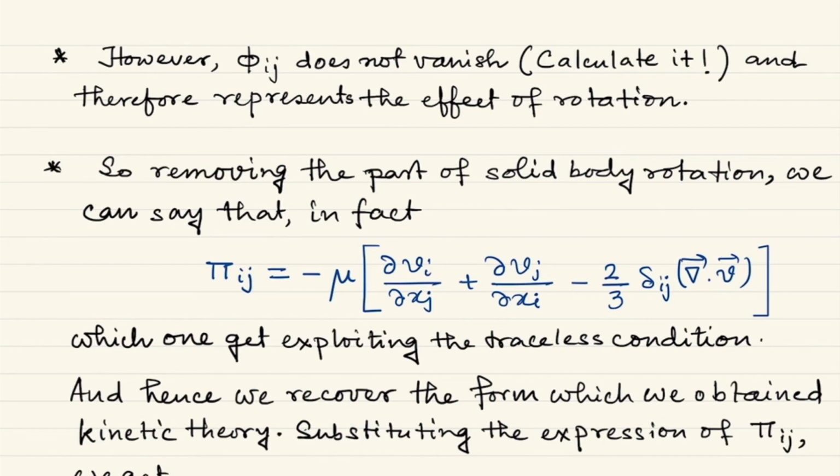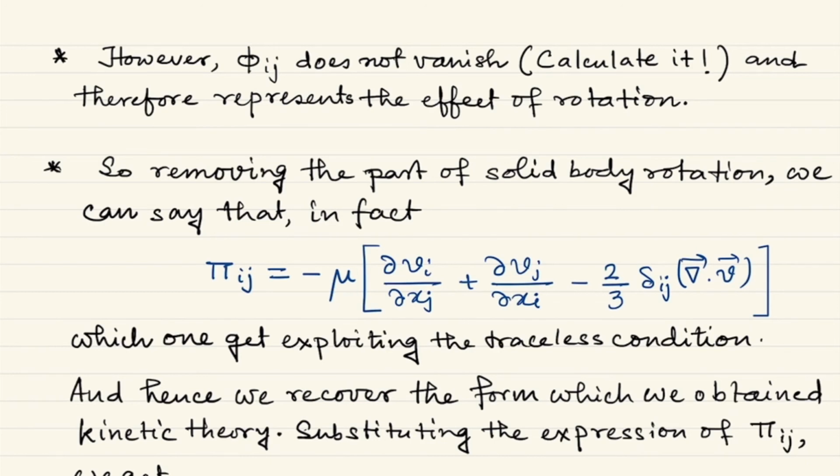so if you remember, if you just calculate this one, pi ii, every time you will have del Vi del xi, del Vi del xi minus 2/3, this will be 1 and there will be divergence of V. So you just calculate and tell me.